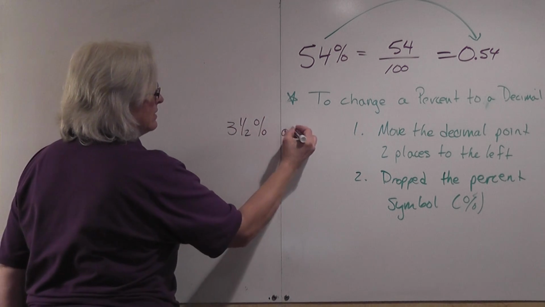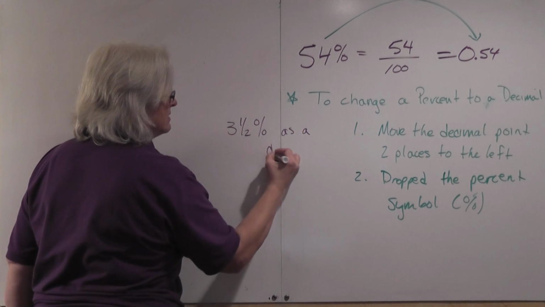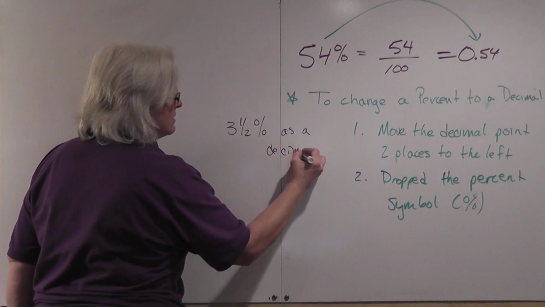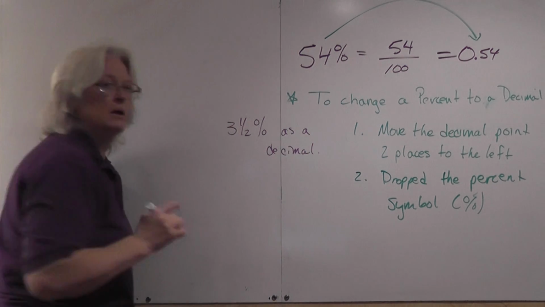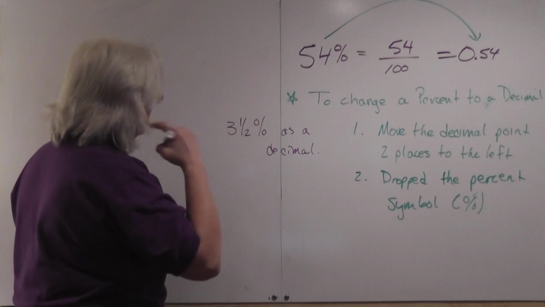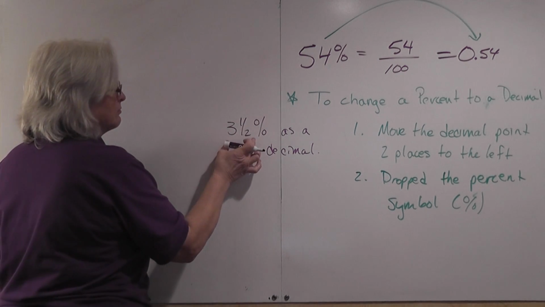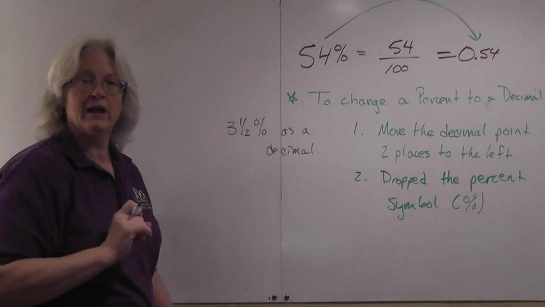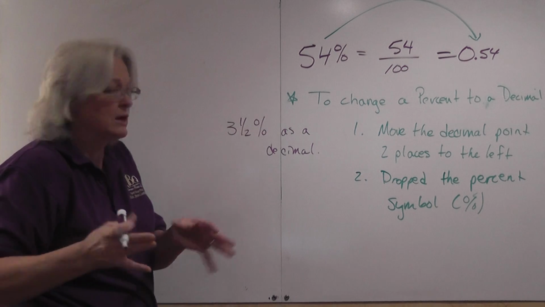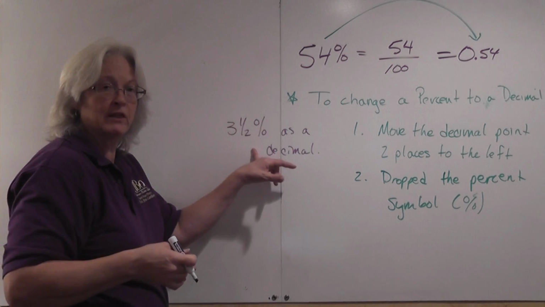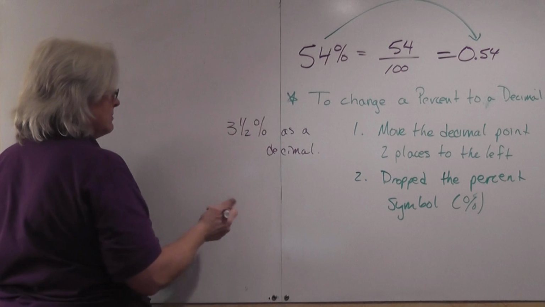3.5% as a decimal. The first thing that we're going to do is write 3.5 in decimal notation. We don't want that 1/2 there. What is 1/2 the same as?